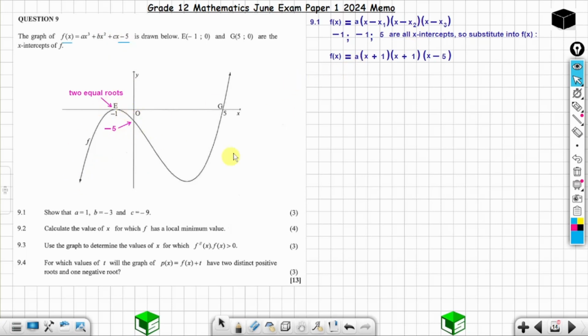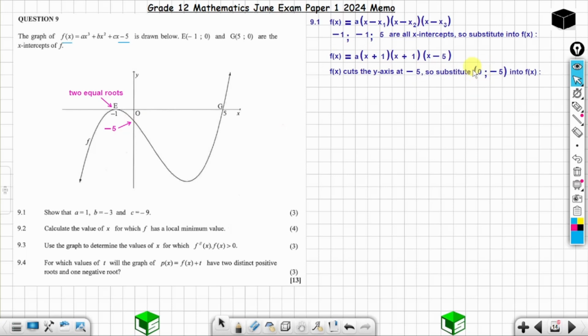So f of x, this graph cuts the y-axis at -5. So you have this point. You are going to substitute into f of x. Remember, at the y-intercept, x is equal to 0.